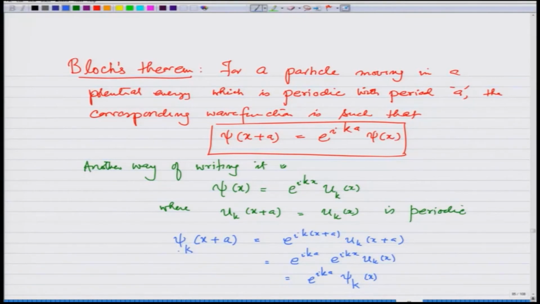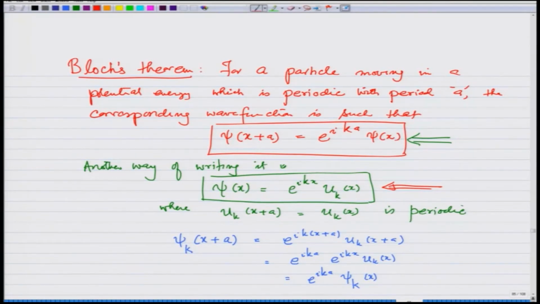So, both are the same properties. So, this is the Bloch's theorem, that a particle moving in a periodic potential has the form of the wave function, which is given either by the upper box or the lower box. Both are one and the same thing.